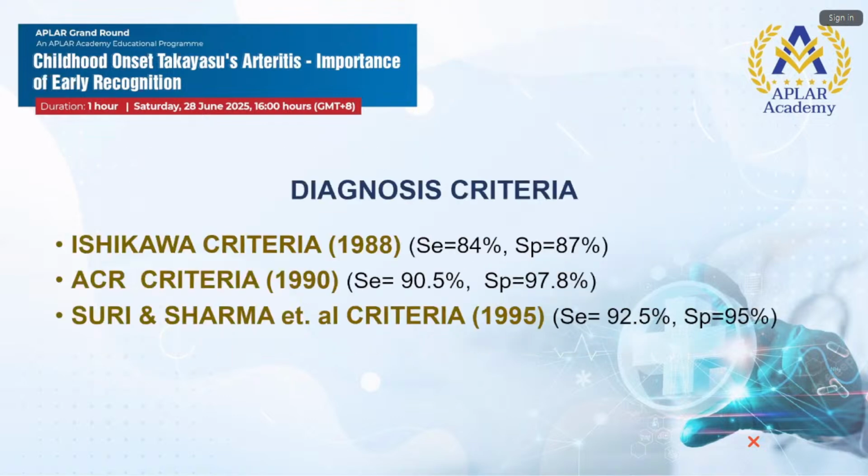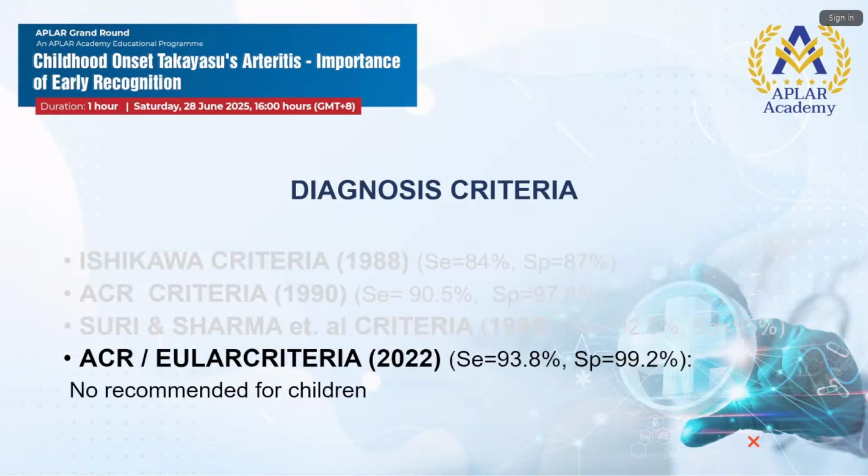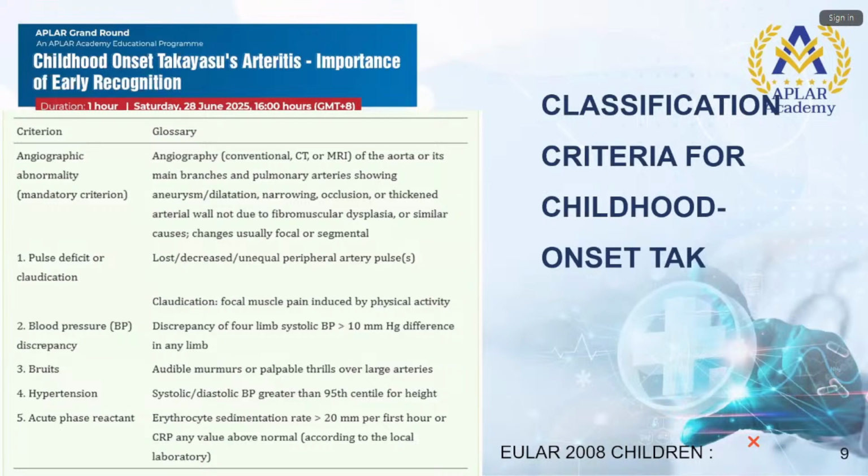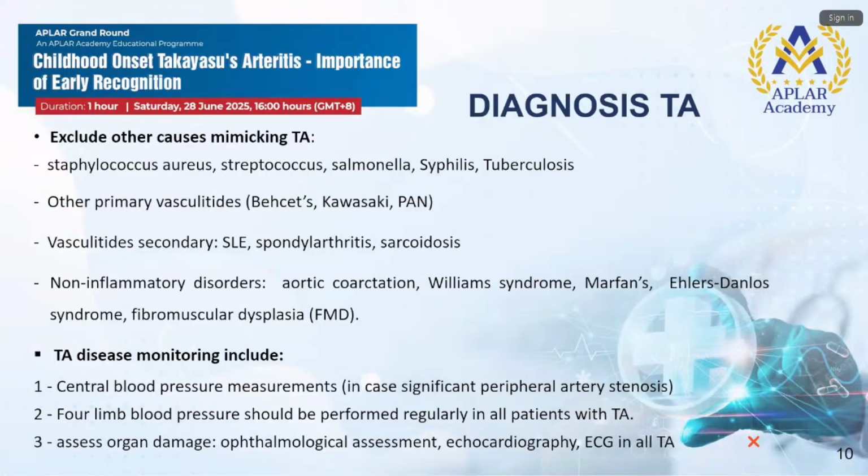There are some diagnostic criteria, ACR and ESR in 2000 and 2022, but they are not recommended for children. We use the classification criteria for childhood onset by EULAR 2008. In diagnosing Takayasu, we have to exclude other causes that mimic Takayasu, including infections of Staphylococcus, Streptococcus, Salmonella, syphilis, and tuberculosis.